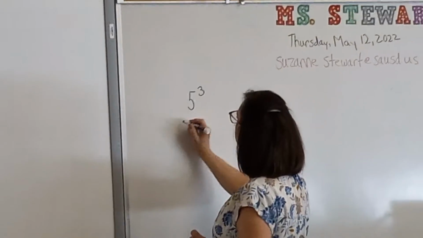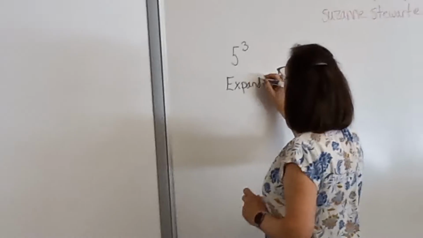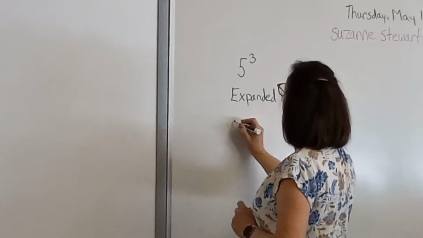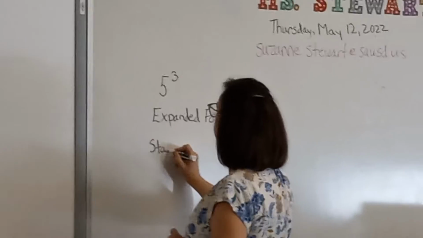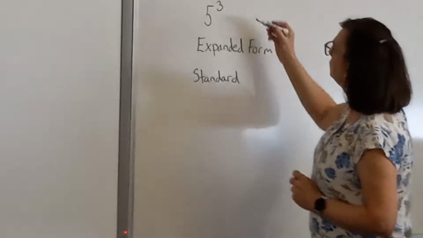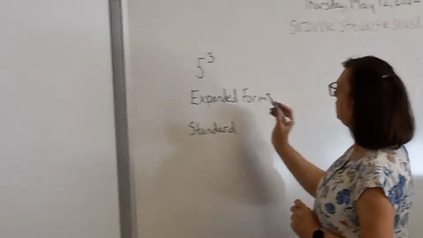So we'll write the expanded form. And you're going to do the standard form. I'm going to see three things on your whiteboard.